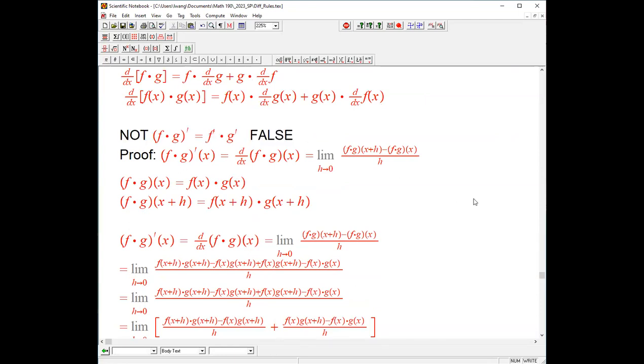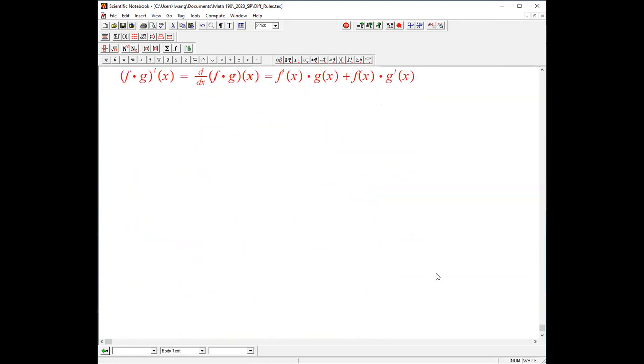I hope. So please do go through these proofs. The product rule certainly doesn't look that intuitive, but if you look at the proof, I don't think you will ever make that mistake, which we saw commonly. So that's the product rule.